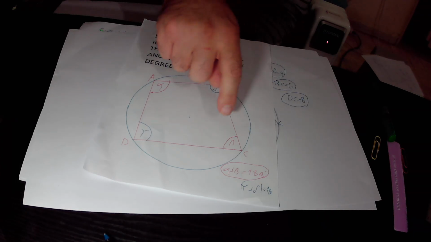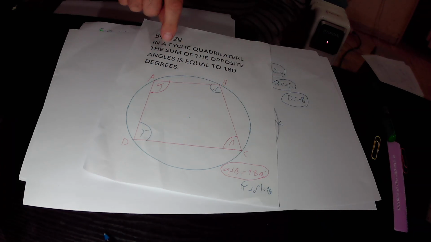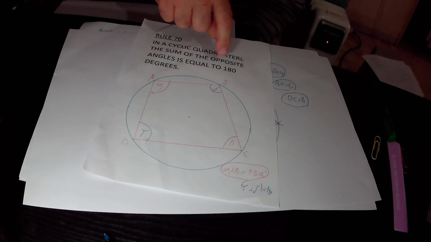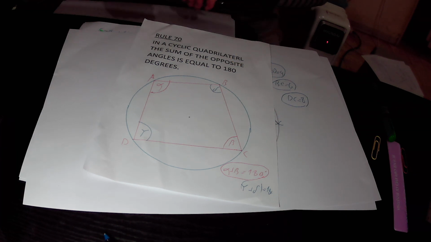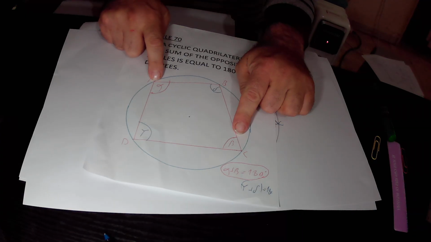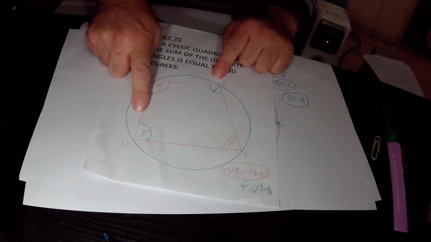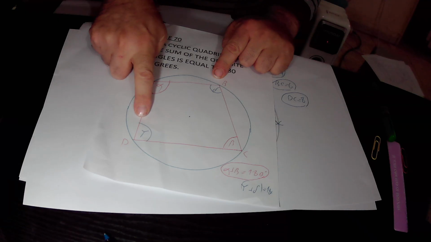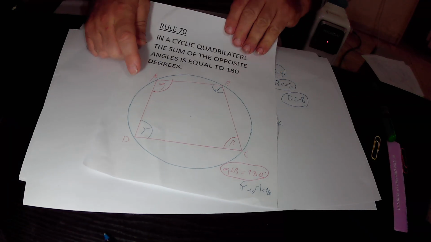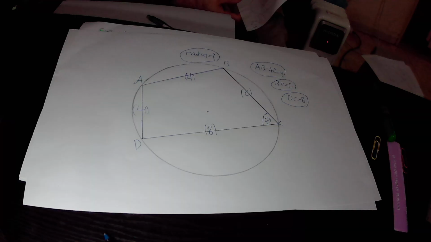Quadrilateral ABCD is a cyclic quadrilateral because it is inscribed by this circle. Therefore, the sum of those two opposite angles must be equal to 180 degrees. That is to say, alpha plus beta equals 180 degrees. Likewise, the sum of those two opposite angles must also be equal to 180 degrees. That is to say, gamma plus beta must also equal 180 degrees. So we can implement rule 70 in our drawing.